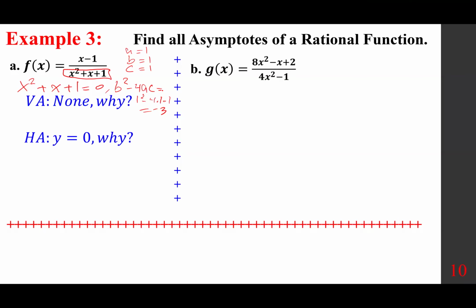Horizontal asymptote, y equals 0. Why is that? The degree of the numerator, everybody. What is the degree of the numerator? The numerator is 1.